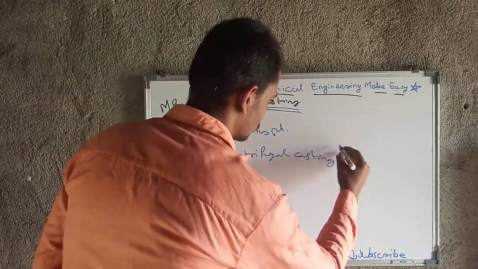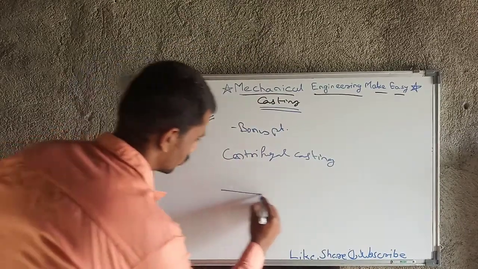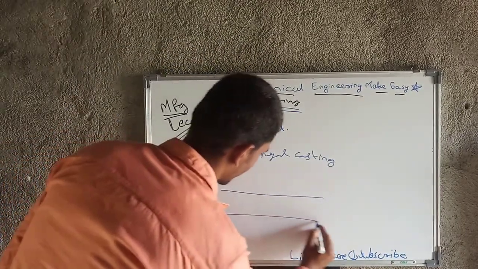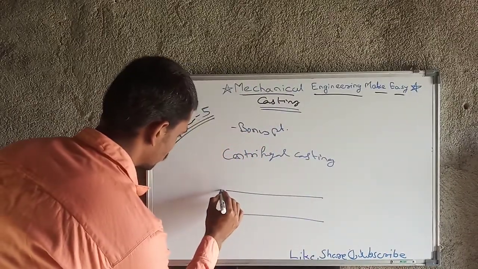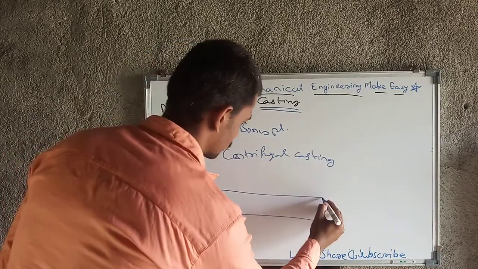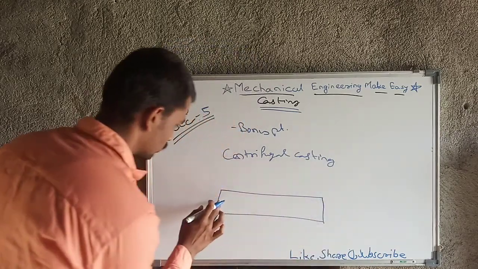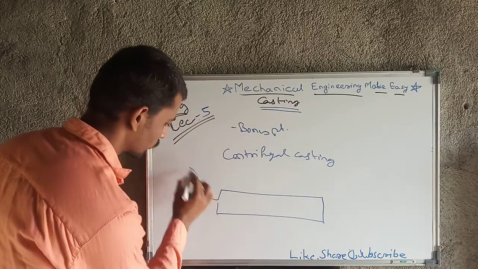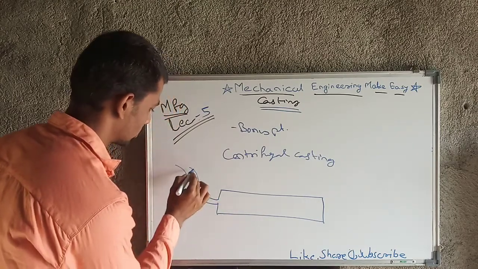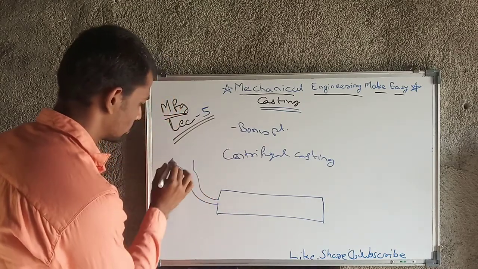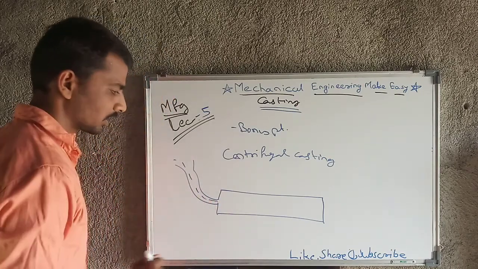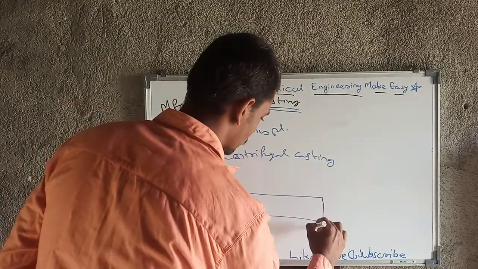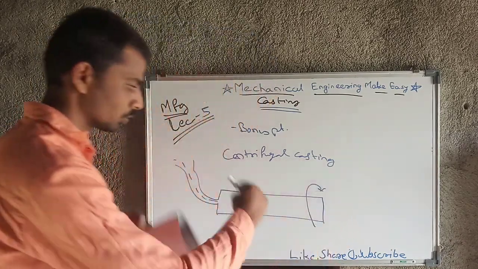Assume this is the cavity, and the molten metal is poured from this section. Molten metal will come here, and this mold box is going to rotate.